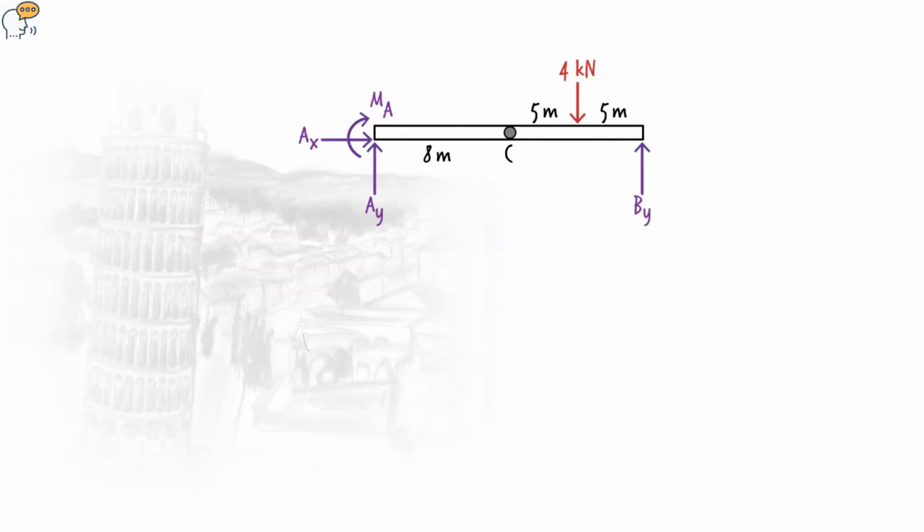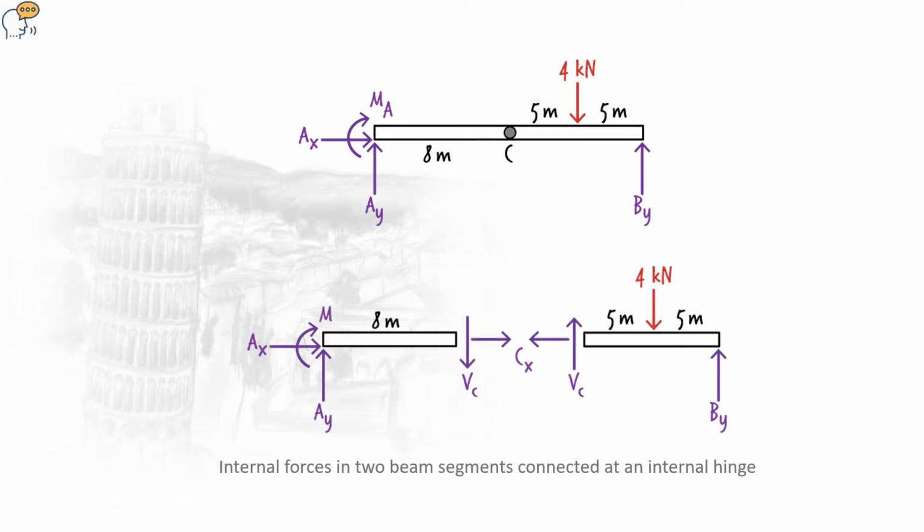Here is the free body diagram for the entire beam. And here are the free body diagrams for the 2 beam segments. Observe that the internal shear force at the hinge is drawn on each beam segment. On the left segment, the force is shown to act downward. On the right segment, the force is shown to act upward. These 2 arrows must always be drawn in opposing directions like we have shown here.